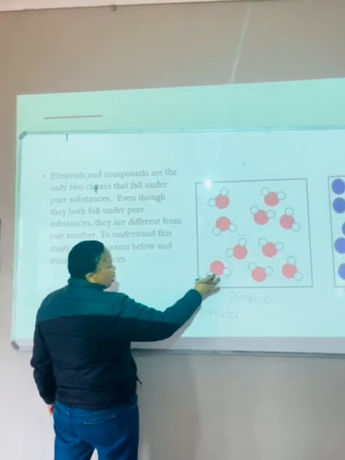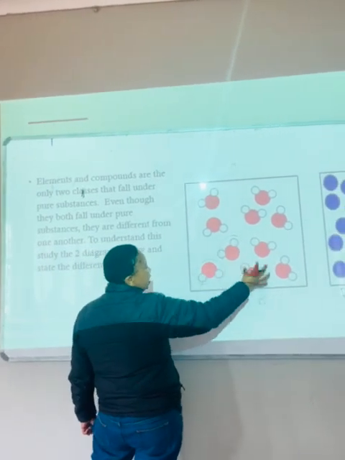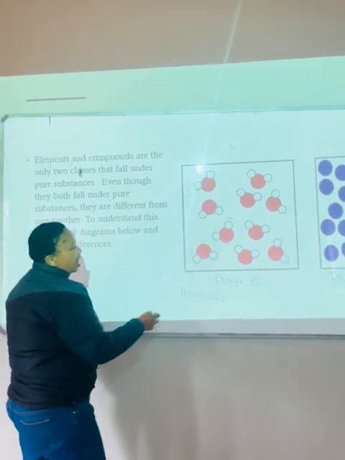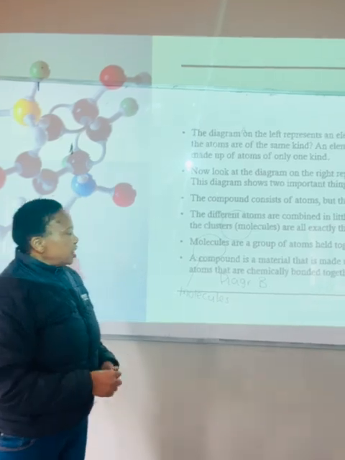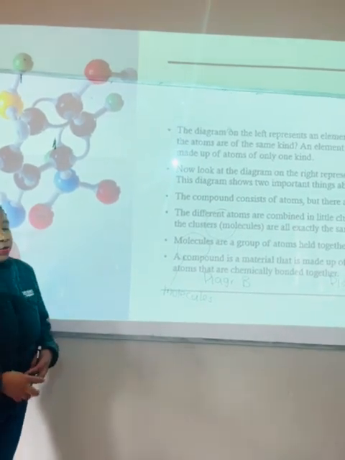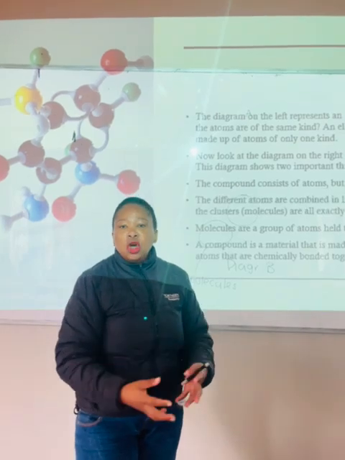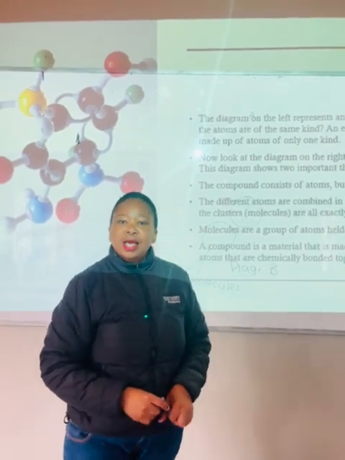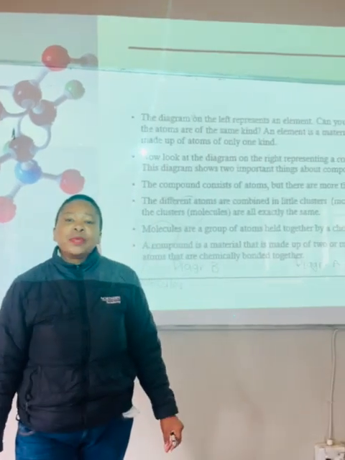Plus you can see that the molecules are the same. So it is safe to say that a compound is a material that is made up of atoms of different kinds that are chemically bonded together.